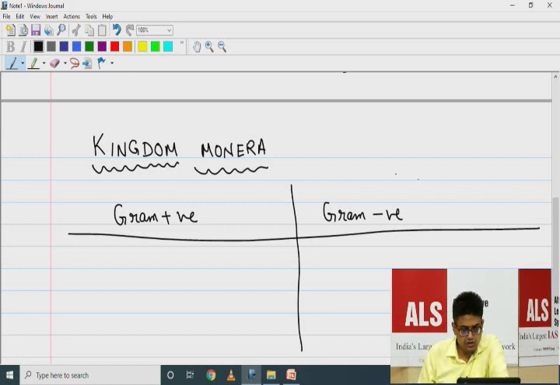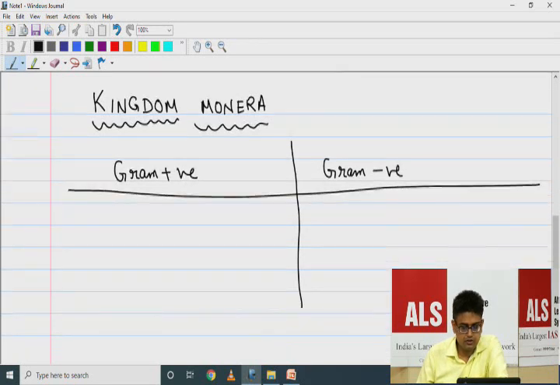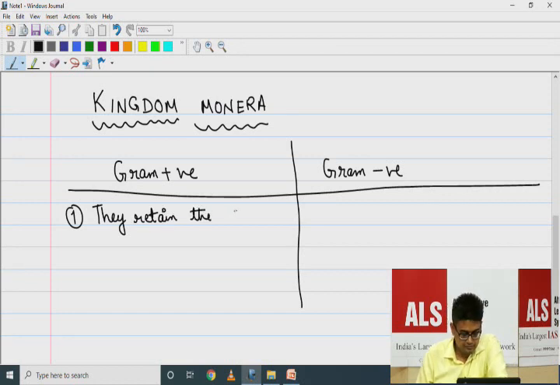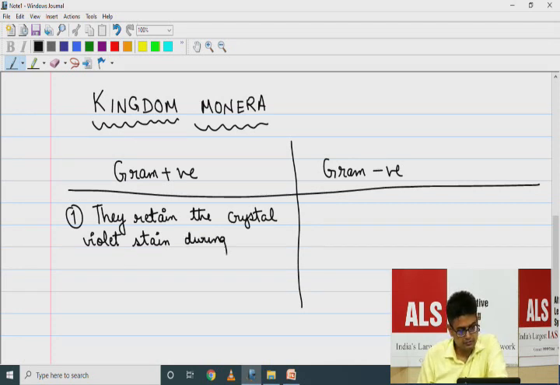They retain the stain of crystal violet during gram staining. First point, gram-positive bacteria retain the crystal violet stain during gram staining.